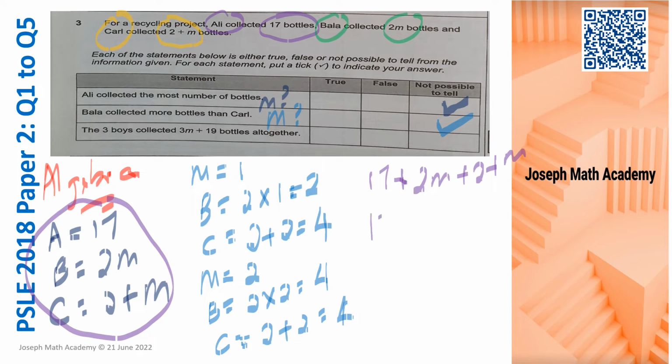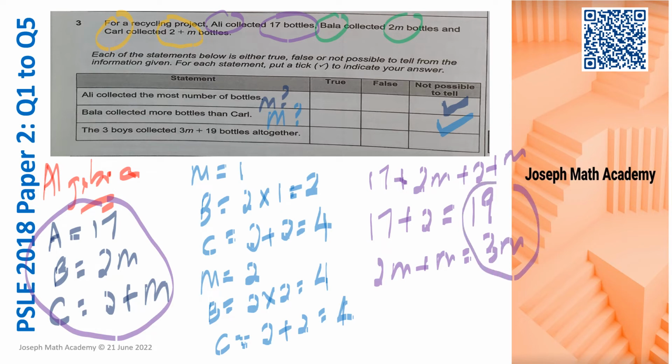That means 17 plus 2, that gives us 19. Now, we shall add the algebraic terms. 2M plus M is 3M. So putting these two together, we have 19 plus 3M, or 3M plus 19. Statement number 3 is true. Number 3 is done.